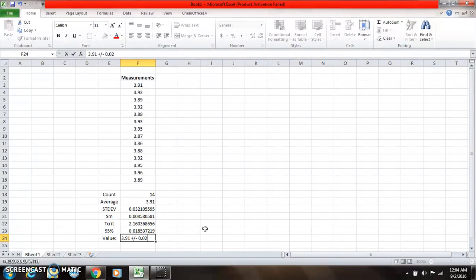Once again, I only report the uncertainty to that first digit, and then my average value has the same number of decimal places. And so that's a brief tutorial on how to do propagation of error with an average.